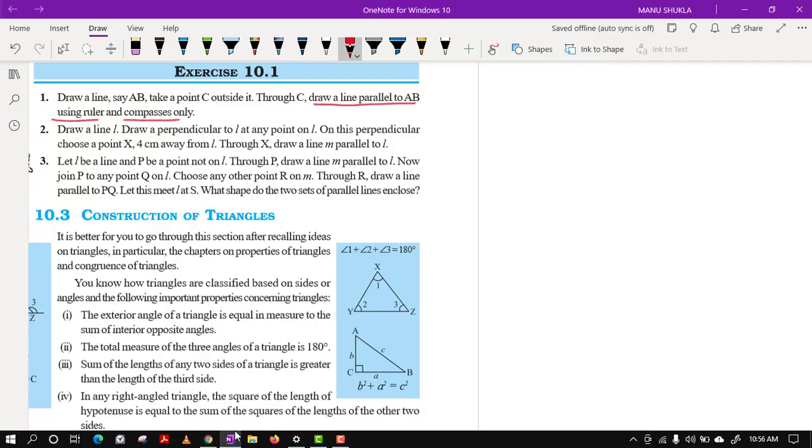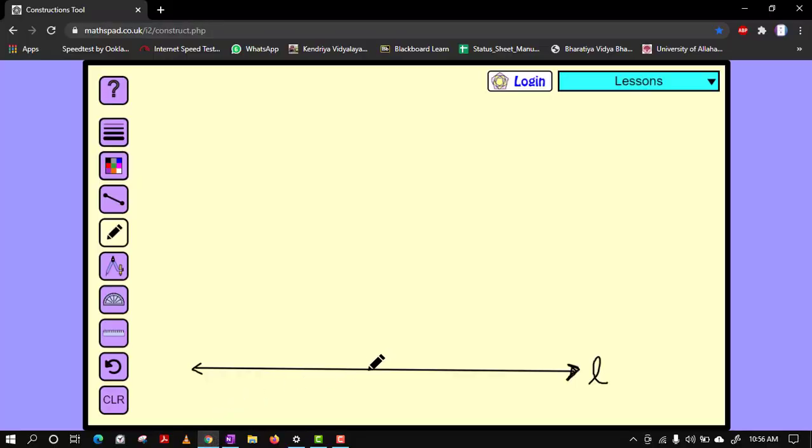Now they are saying draw a perpendicular to L at any point on L. So we are free to choose a point on the given line. So let's take this point. Let me call it point A. Now after making this point A, we all know we have to make a perpendicular.